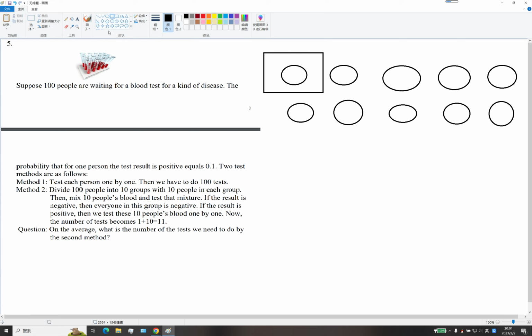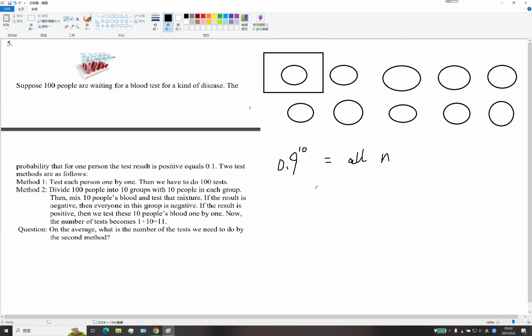The probability that one person is negative is 0.9, and for all 10 of them to be negative, we multiply 0.9 ten times together. So this is the probability of all negative. And if at least one of these 10 people is positive, we have to do 10 extra tests.